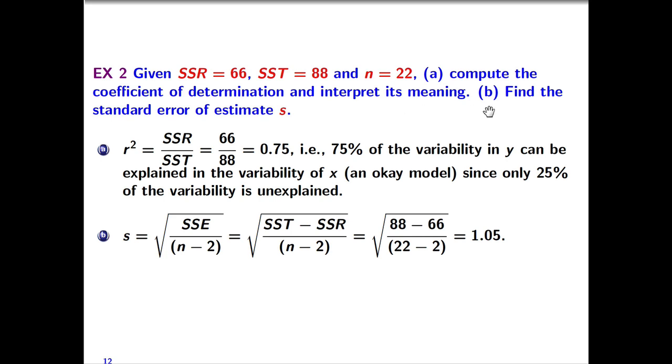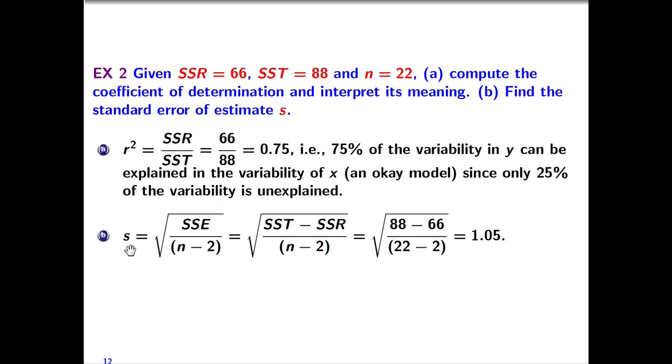B, we need to find the standard error of estimate S. So by using equation 14.12, this coefficient of determination is equal to SSR over SST, which is 66 over 88, or 0.75. There is 75% of the variability in Y that can be explained by the variability of X, and this is an okay model since only 25% of the variability is unexplained.